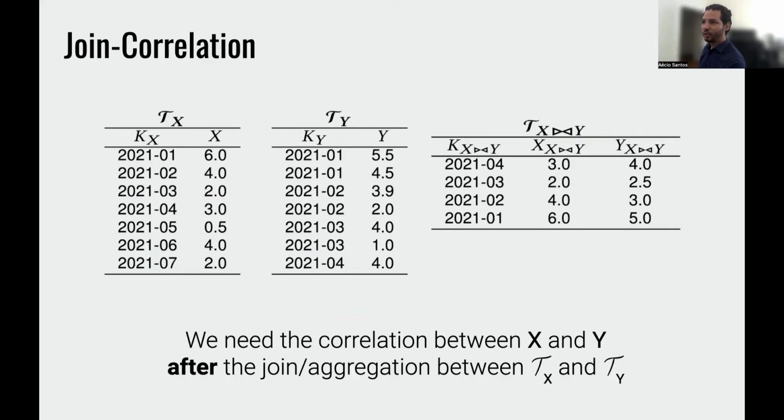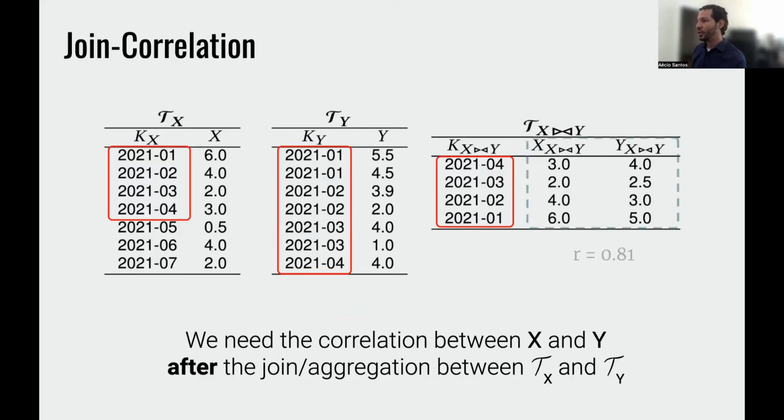The key operation here is what we call a join correlation. We have two tables on the left, and we want to perform a join between these two tables, which will generate the table on the right, according to this join key. We may need to apply some aggregation functions when we have repeated keys, in this case applying the mean function.